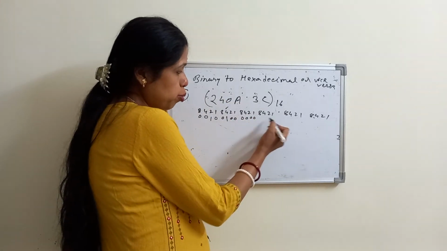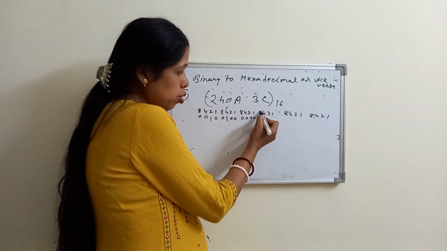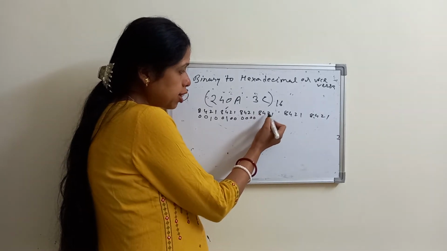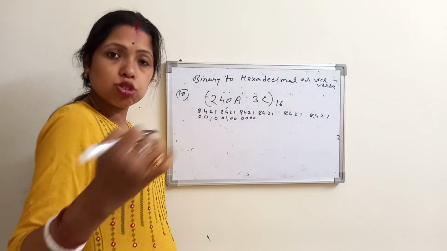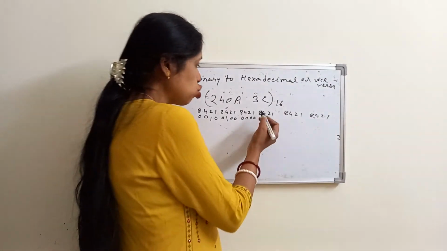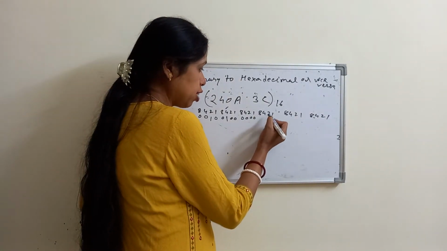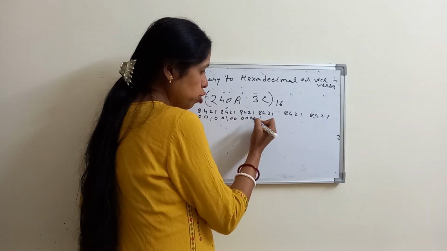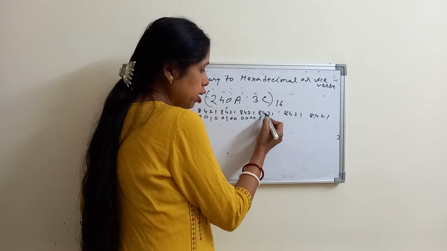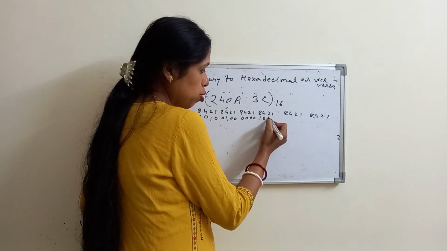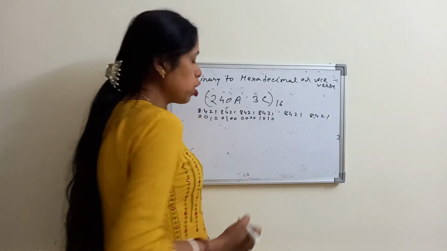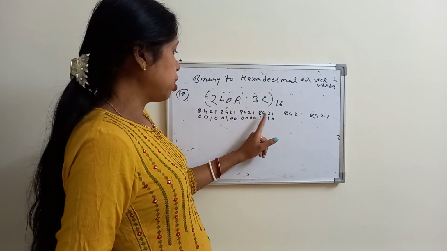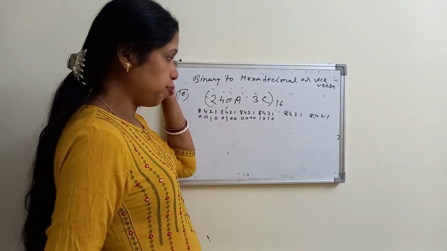From this 8421 format, for getting 10 you have to choose 8 and 2. 8 plus 2 is 10. So below 8 you write 1, here 0, below 2 you write 1, and again 0. So you can see 8 and 2 give 10.